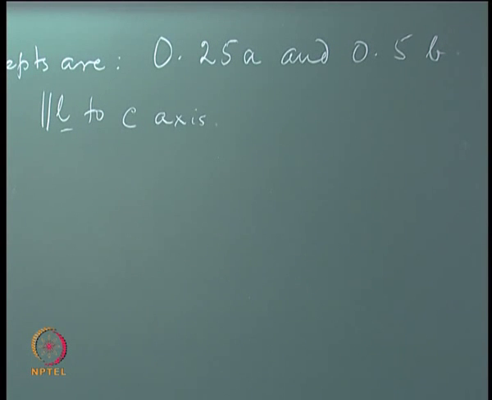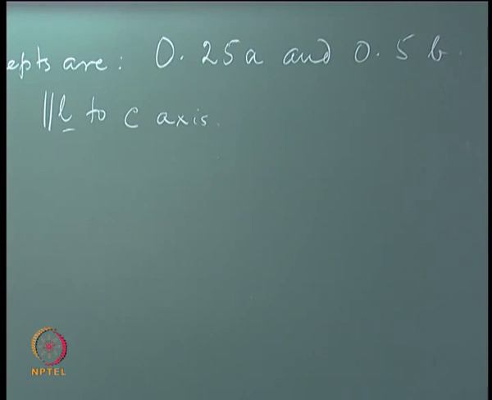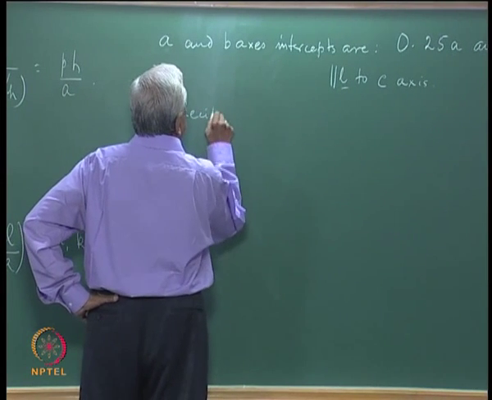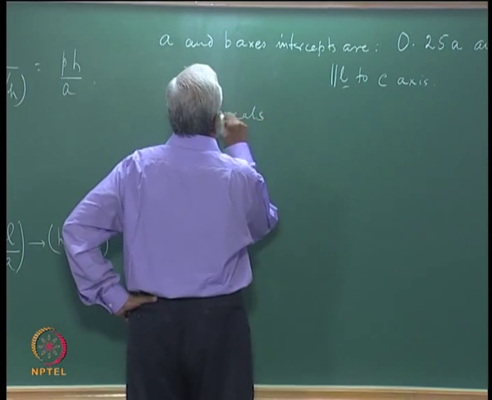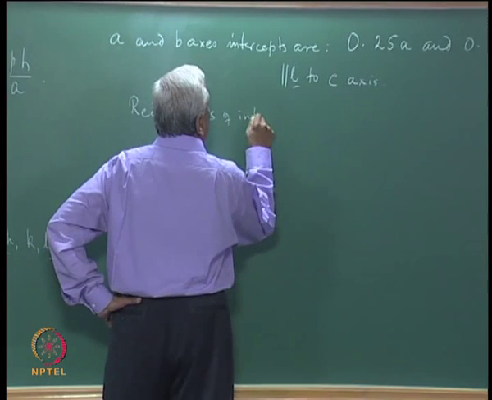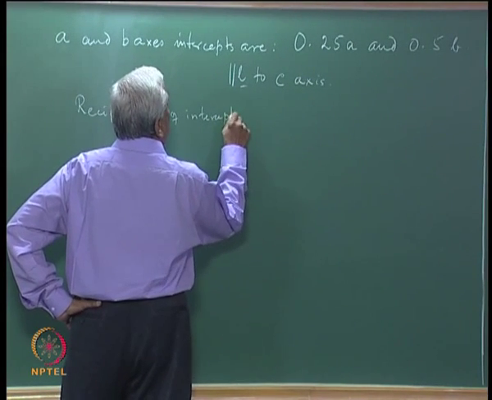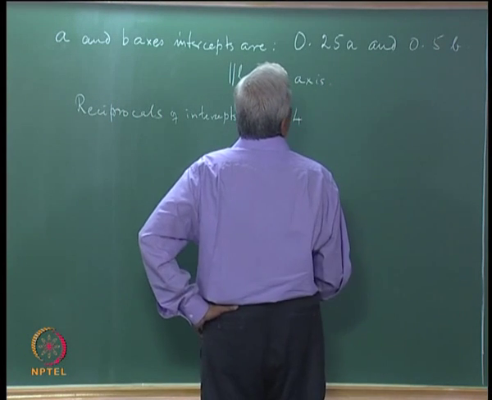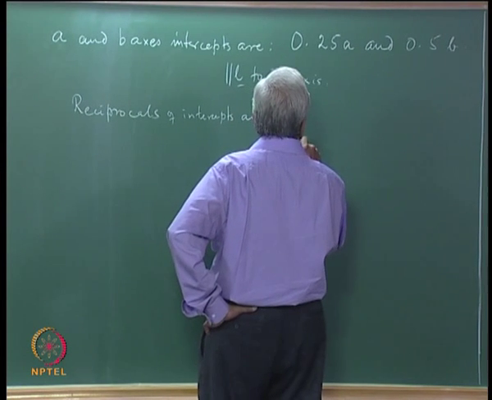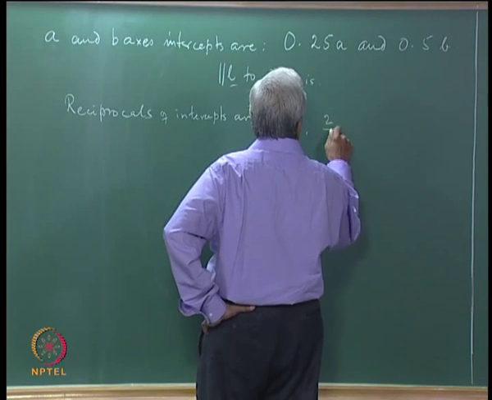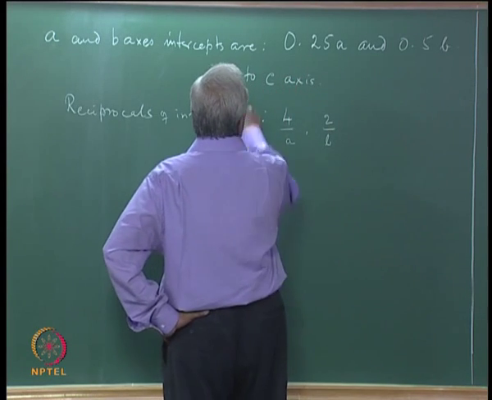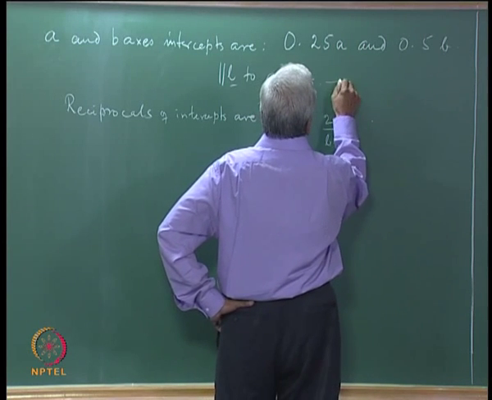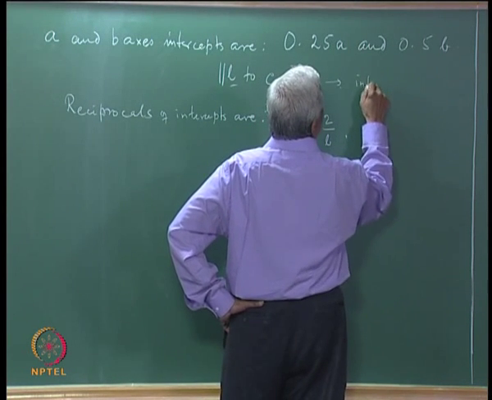For Miller indices, we go from the intercepts by taking the reciprocals of the intercepts. The reciprocals are 4 by a and 2 by b, and then since it is parallel to the c axis, the intercept is infinity.